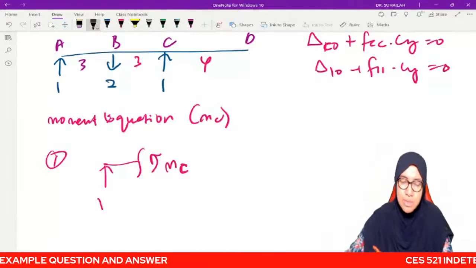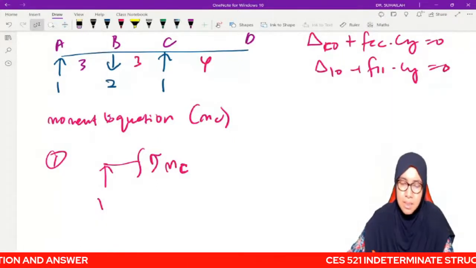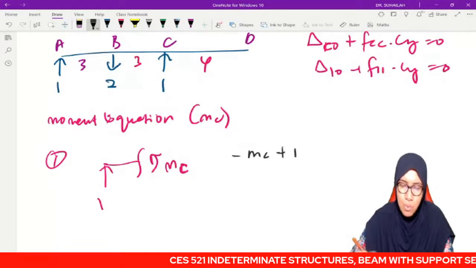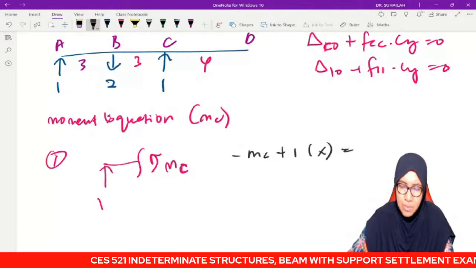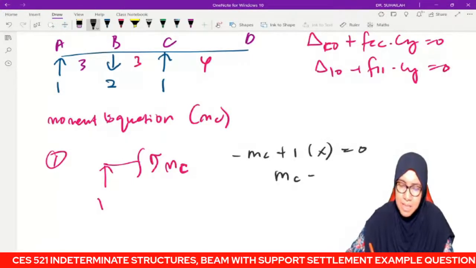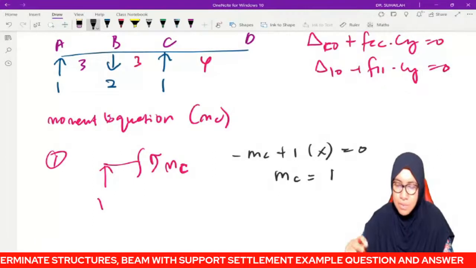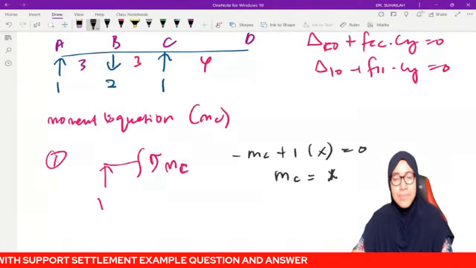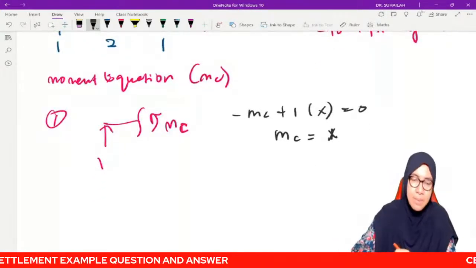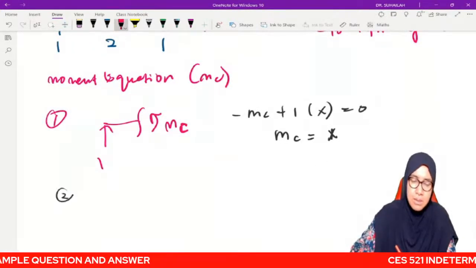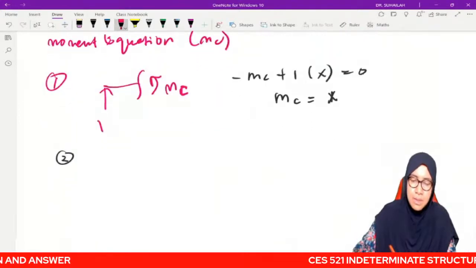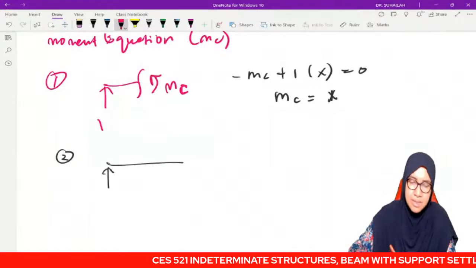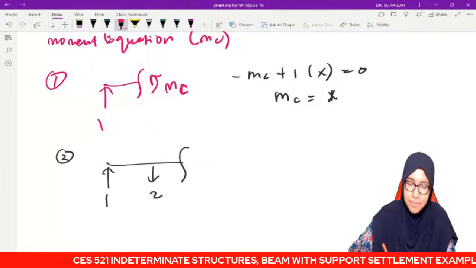So what we get is negative MC plus 1 times X equal to 0, so MC is equal to X. Now section number 2: this is 1, this is 2.